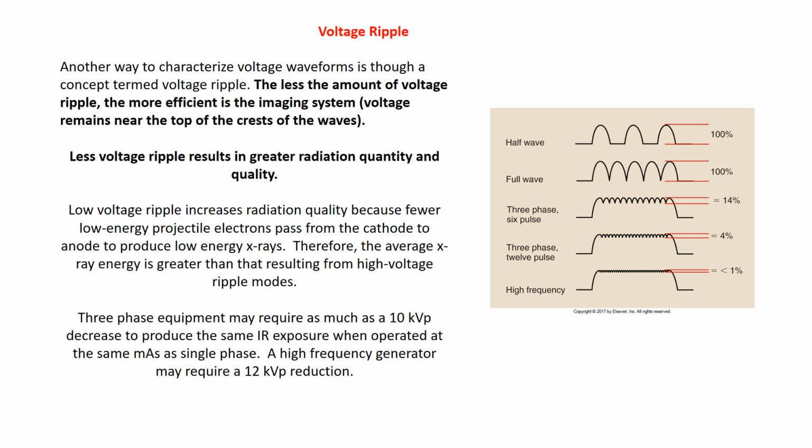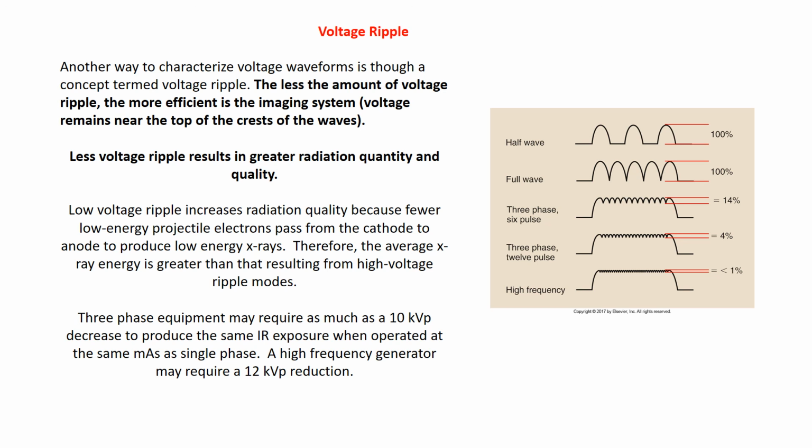Full wave, although it's better because you're utilizing that part of the cycle that was below the horizontal line, we've flipped it up now, it still has 100% voltage ripple, because you're still starting at the horizontal, working to a peak value, dropping back to 0, working to a peak value, dropping back to 0. So still 100% ripple.